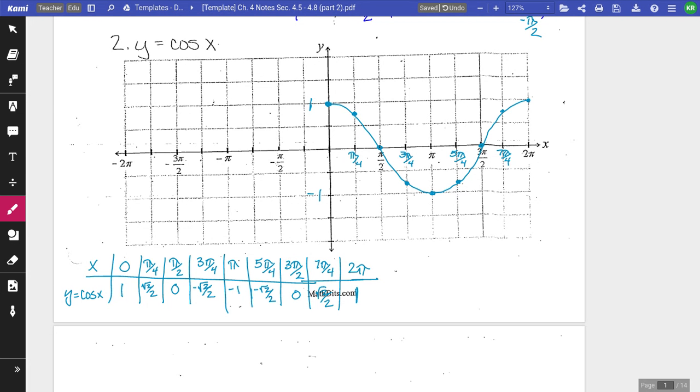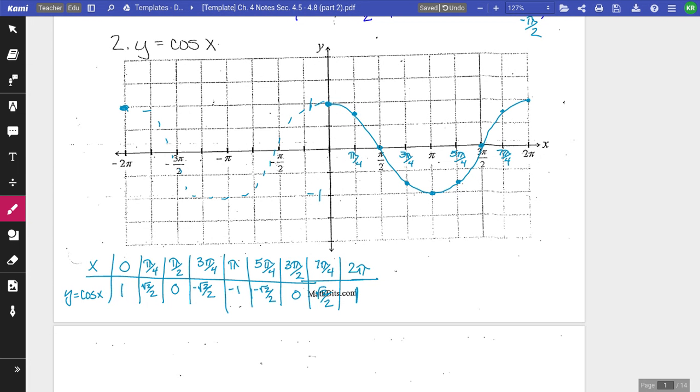Notice that at 0 it was at 1, and at 2 pi we finished back up at 1. So that is just going to repeat. You can use that going to the left. If I know I start at 1 at 0, I'm going to do my little curve. It's going to do something like this, and then it's going to end up back up here at 1.